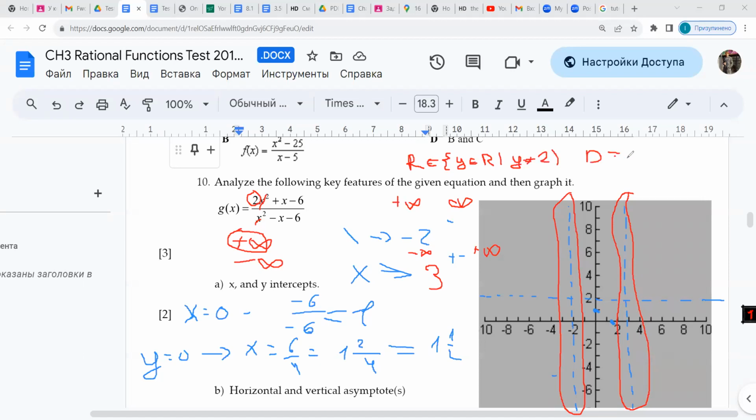And domain: x is in all real numbers, thus x does not equal -2 and 3, because those are our vertical asymptotes. These are the range and domain for this function. And by completing all of these steps, we should be able to plot this function fairly easily.